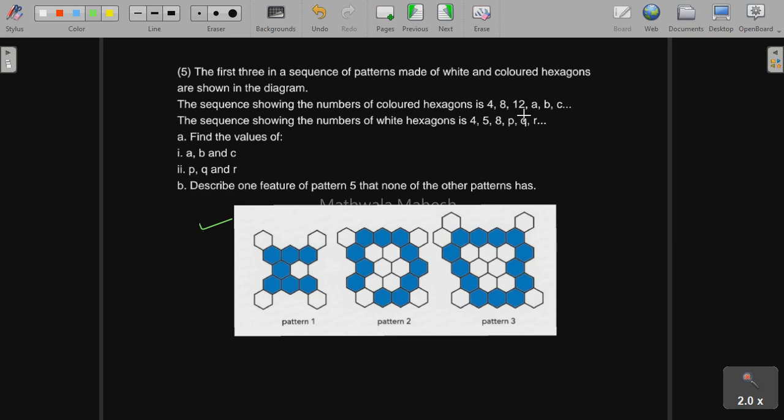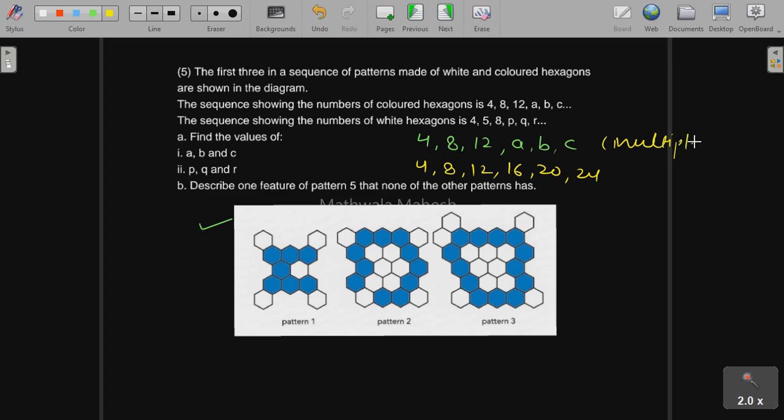Okay, so we have to find the value of ABC. That means 4, 8, 12, A, B and C. What is the rule this pattern follows? It is a multiple of 4. 4, 8, 12 and the next terms are 16, 20 and 24.